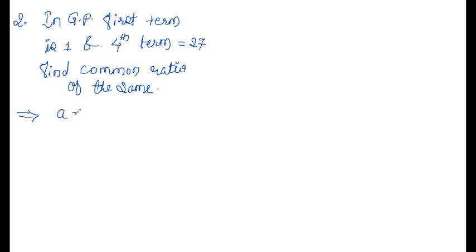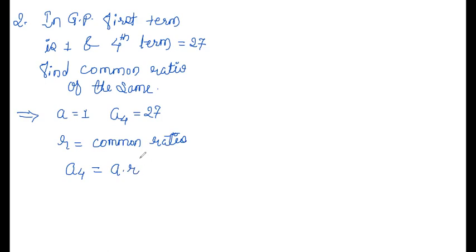So here A is equal to 1. Fourth term, that is 27. Let us consider that common ratio is R. मग आता A4 काय आपला? A4 आपण डिनोट कसं करतो?